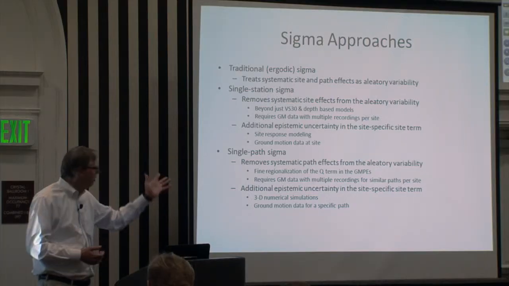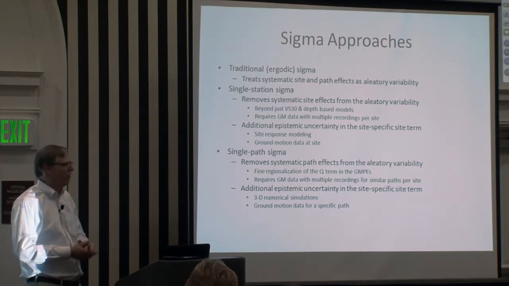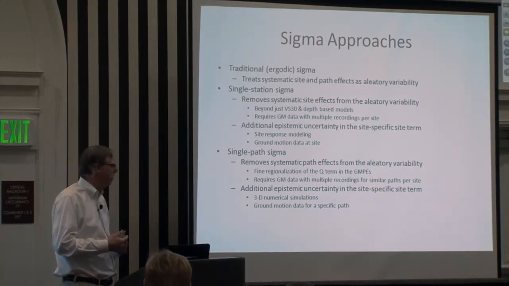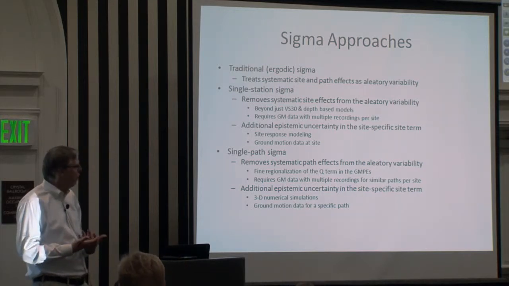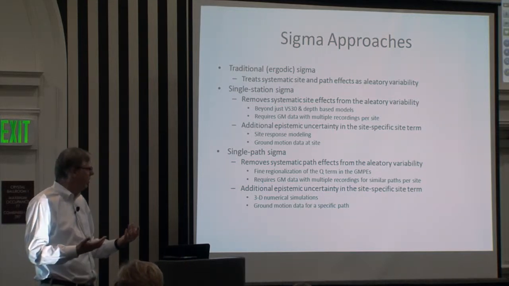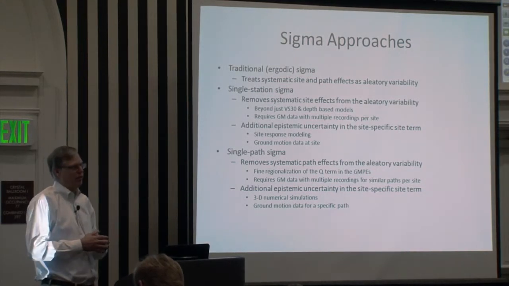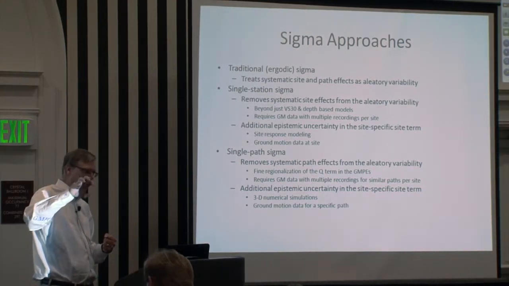So that lets us do refining of that. Really this is like very fine regionalization of the Q terms, if you want to think of it that way, but it's also of the geometrical spreading. So this requires that we have ground motion data from multiple recordings at our site with similar paths. So multiple earthquakes in one area recorded at my site.